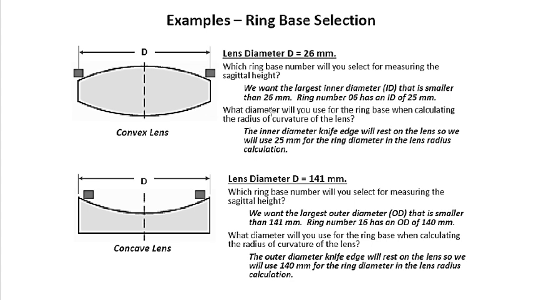If you have confusion here because of the terms and symbols, the problem is going to confuse you by using different symbols and different terms. It's the same thing. You have your sagittal height, you have your diameter, which is actually the inner diameter or outer diameter for the concave, inner for the convex.